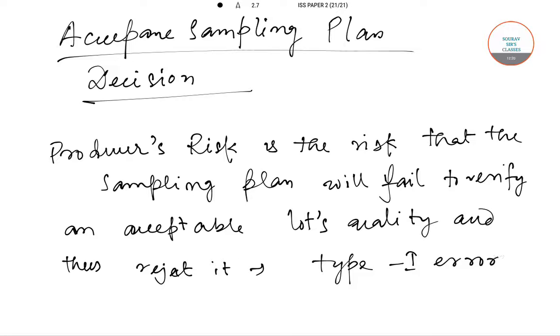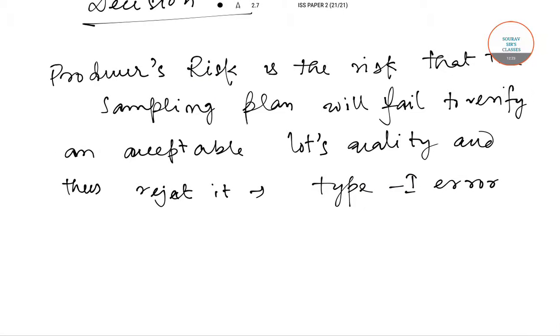Now there is also type 2 error, and type 2 error is mainly the consumer's risk. So the consumer's risk is actually that risk which the consumer faces while accepting the lot of products.